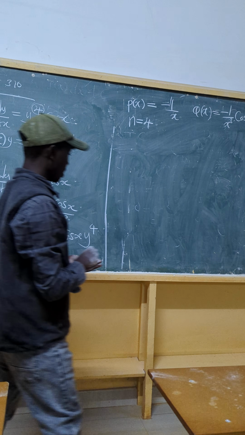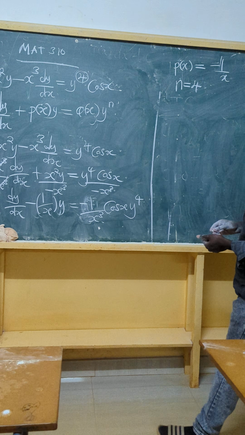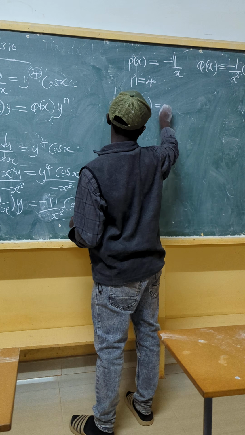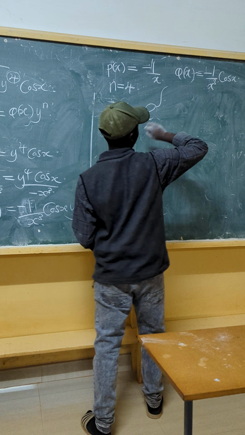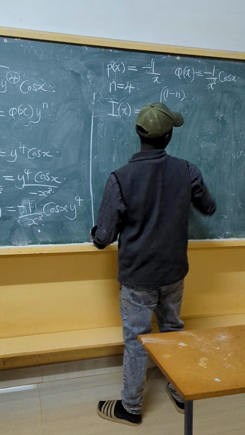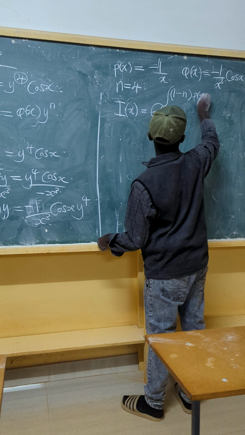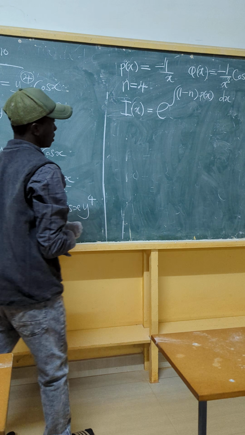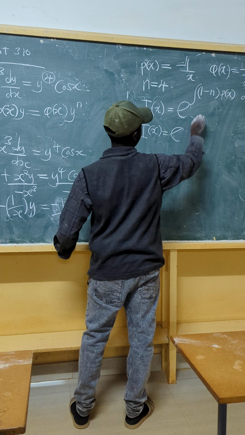What you need to do next is find the integrating factor. The integrating factor is the exponential of the integral of 1 minus n times p of x dx.